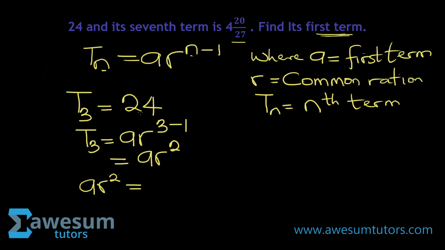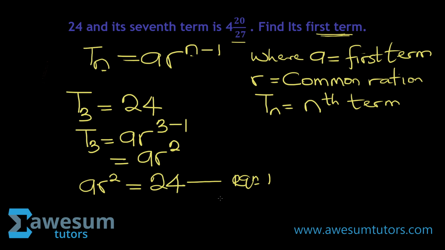We said T3 is 24. So that means A R raised to the power of 2 equals 24. Very good, guys. I will call this equation 1.